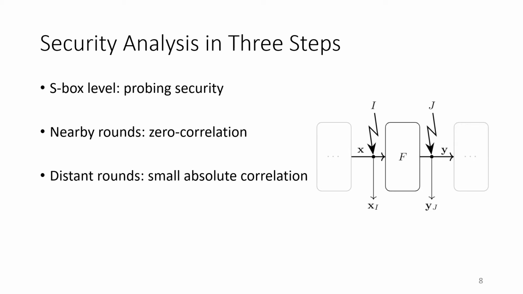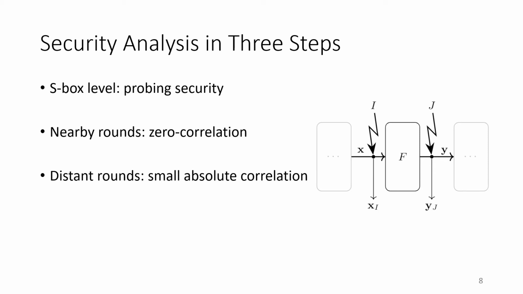So we just take one round of the masked LED and we show that any 2 probes placed in this one round do not give any information on any secret value. So in fact, we show that this is perfectly secure. The novelty of our work comes into the analysis of the nearby rounds and the distant round analysis.